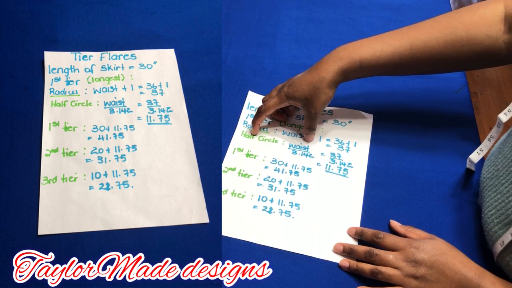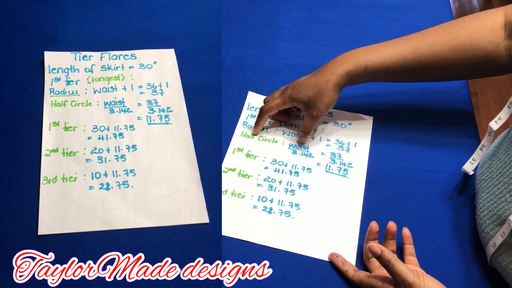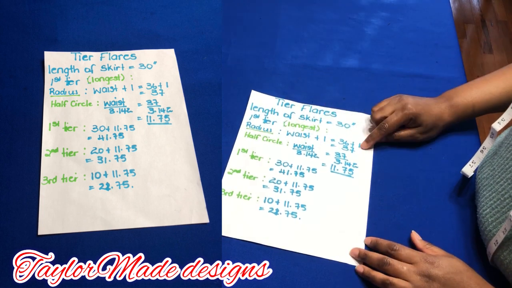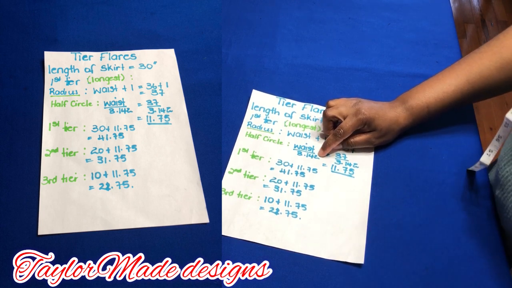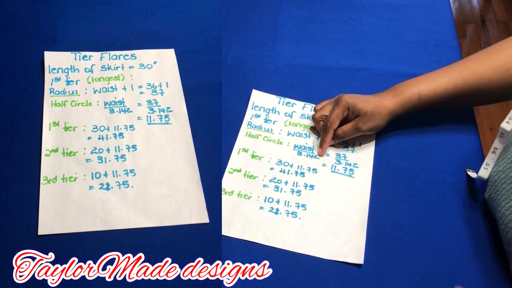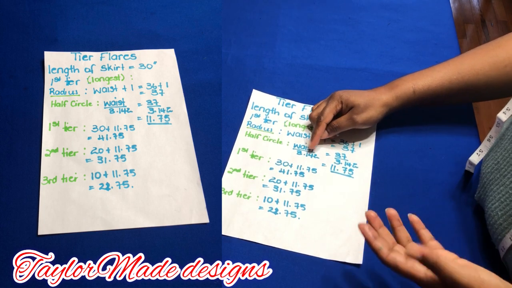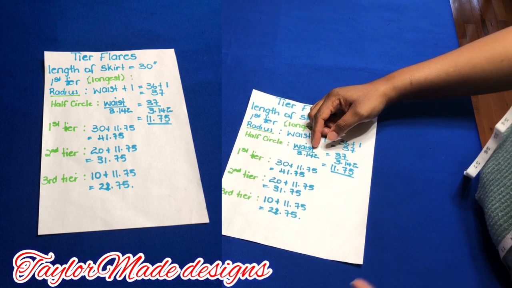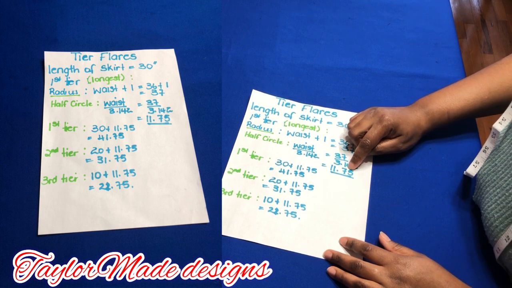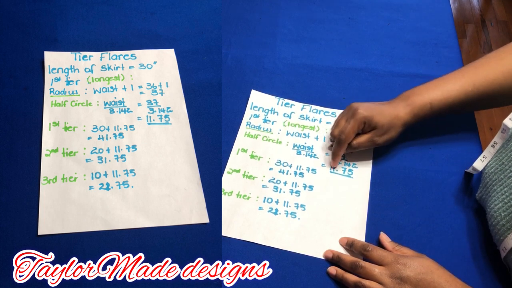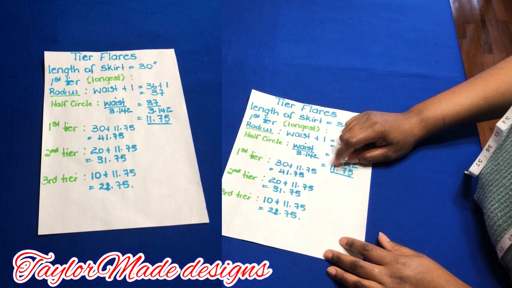Because the lower part is done using half circles, you're going to divide that new waist measurement, 37 inches, by 3.142, which is half of a full circle. A full circle is 6.28, so half of that is 3.142. When you divide that, you're going to get 11.75. Now, this 11.75 is gonna be the radius of your skirt.